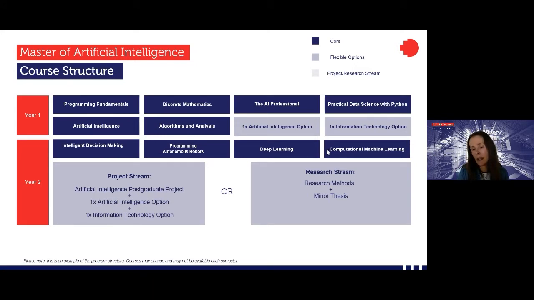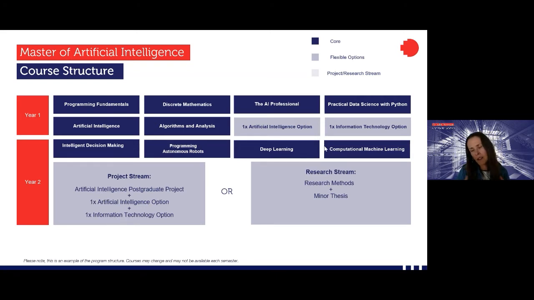And right from the get-go, there's a course which we have, the AI professional. This is really important in the context of deploying AI solutions and implementing AI solutions in industry settings. It is an understanding of the ethical issues and the implications and the requirements that entails to build an AI professional.